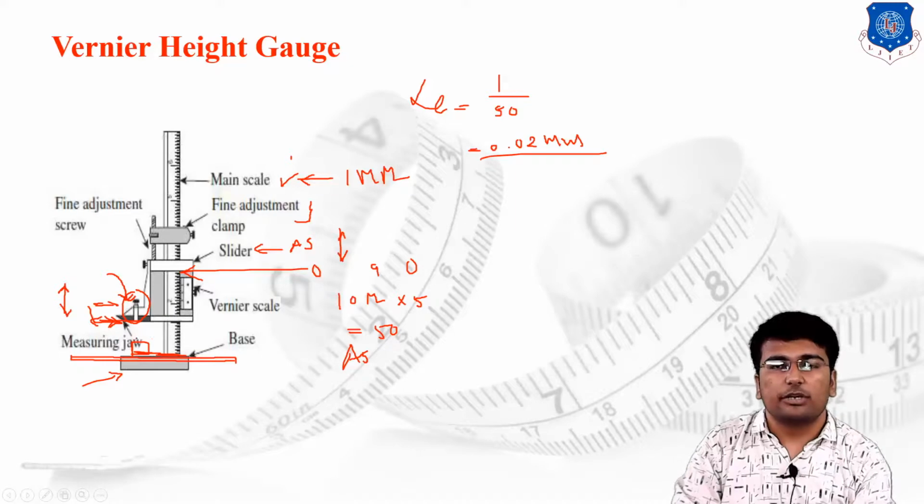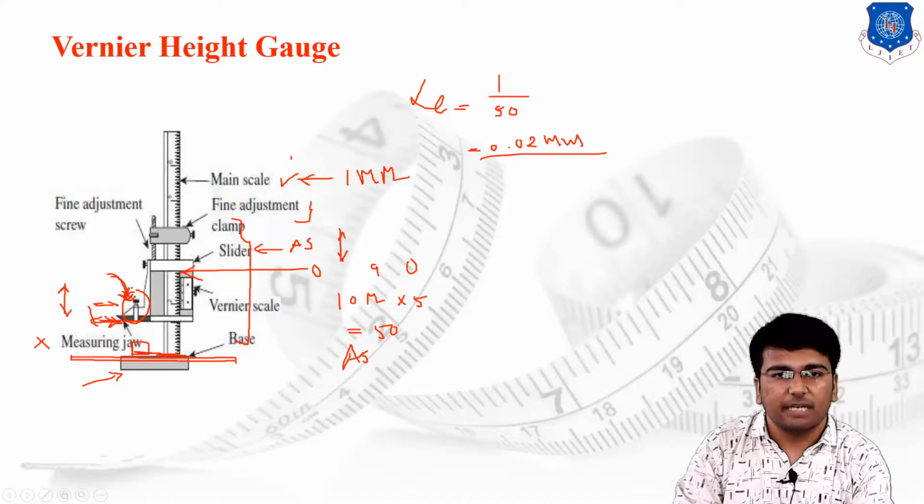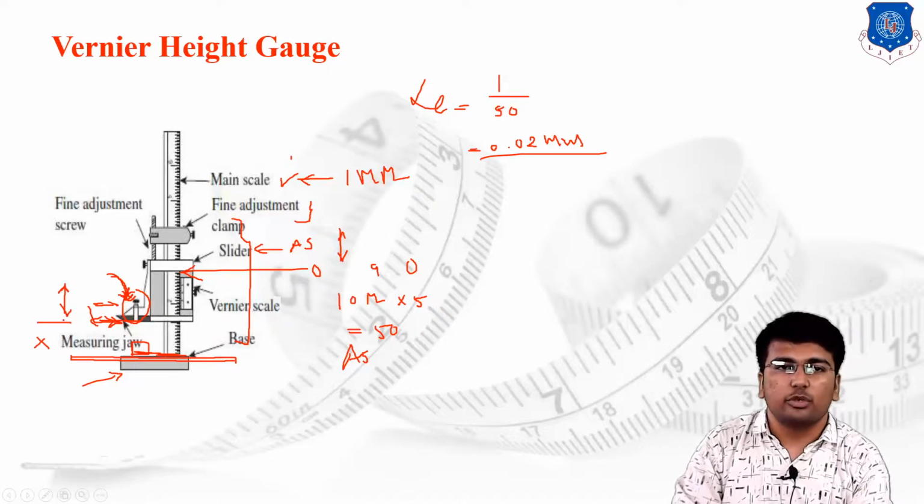With continuous use of the vernier height gauge, there might be some chance of wear and tear, and if you are required to replace the jaw, it is not compulsory to replace the whole assembly of the secondary scale. You are simply required to detach this particular jaw by using the screw setup and provide the new one.